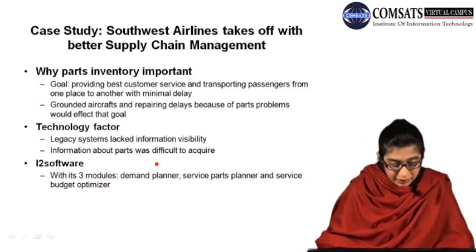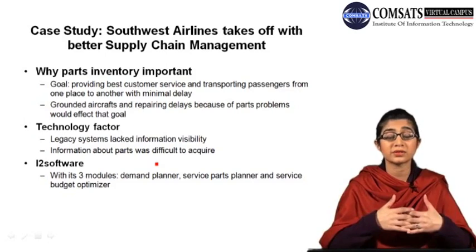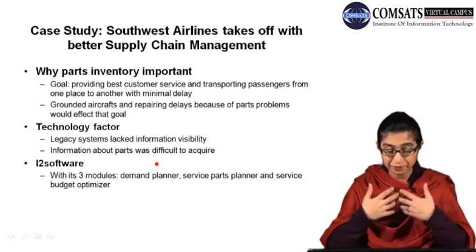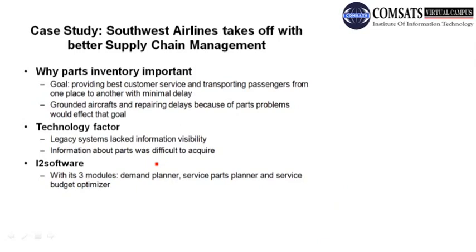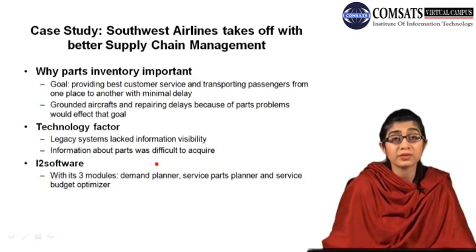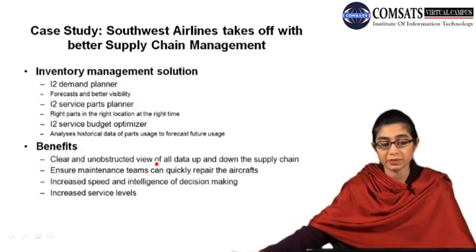So how did implementing the I2 software change the way Southwest ran its business? That is, what kind of benefits did they get by implementing I2 Technologies' software? As we discussed earlier, the I2 software gave them three modules: I2 demand planner, I2 service parts planner, and I2 service budget optimizer.